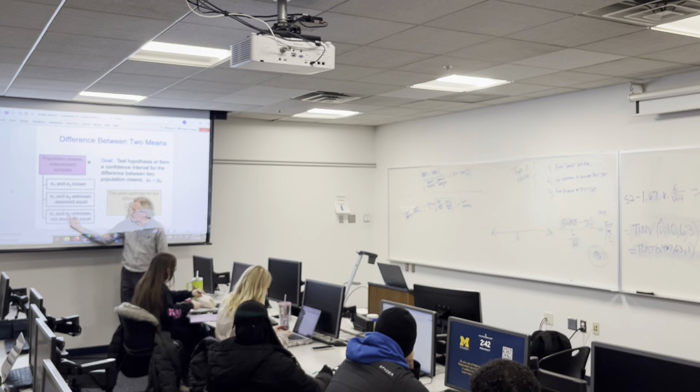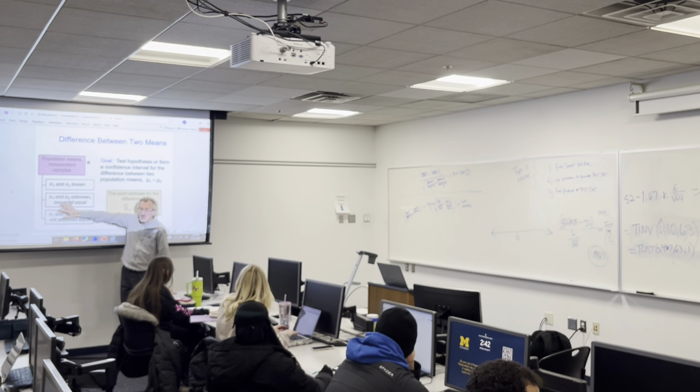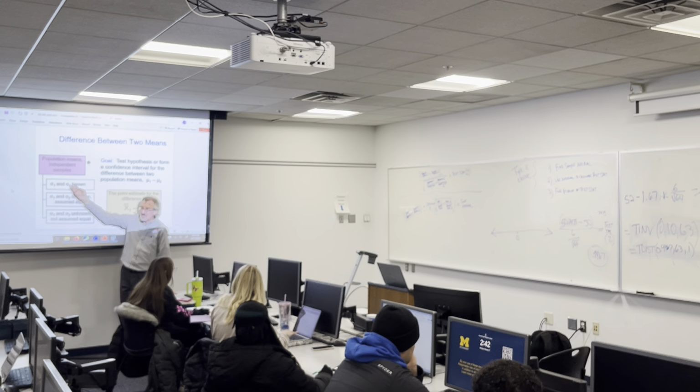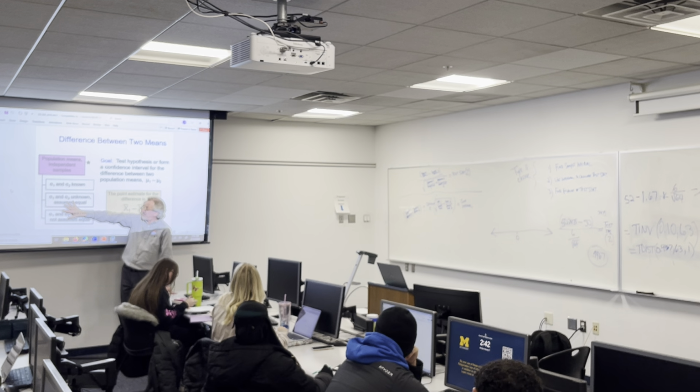Or here, we're given the sample standard deviations, but it won't say anything about the population standard deviations being equal, and you've got to assume they're not equal. This is tricky, and which one to use of these two is where people get confused at this stage in the class. This one's obvious because you're given the population standard deviations. But for these, you're going, okay, I have sample standard deviations, but which of these two do I use? That's going to be the tough part.